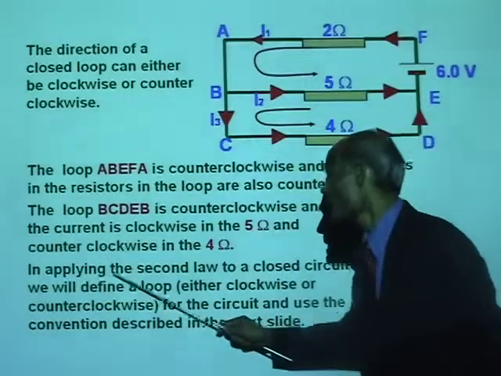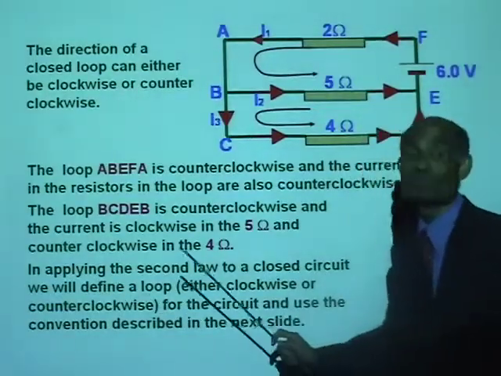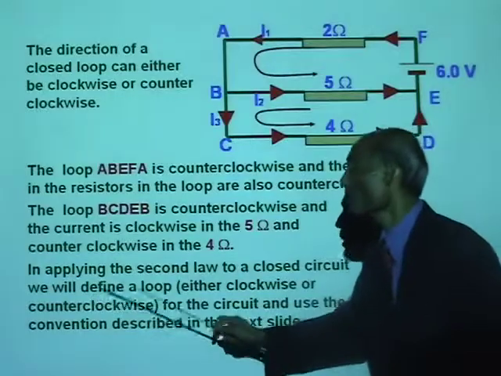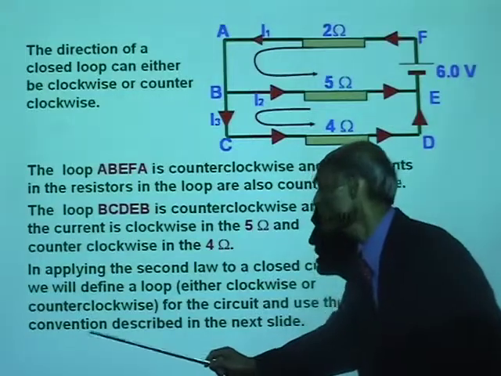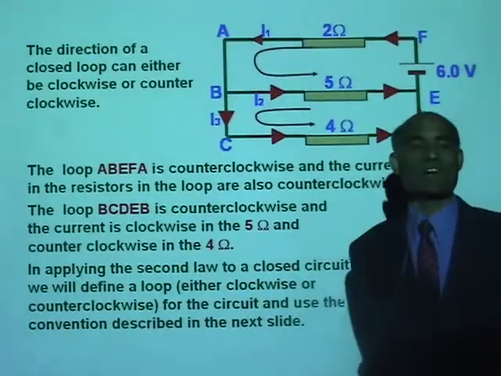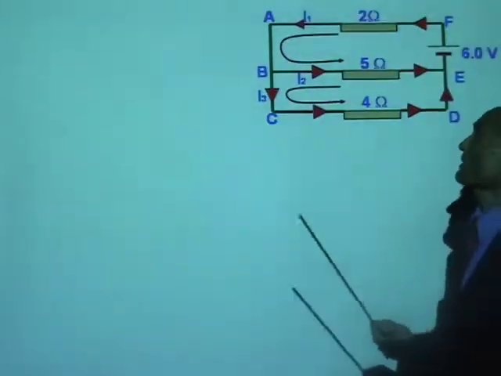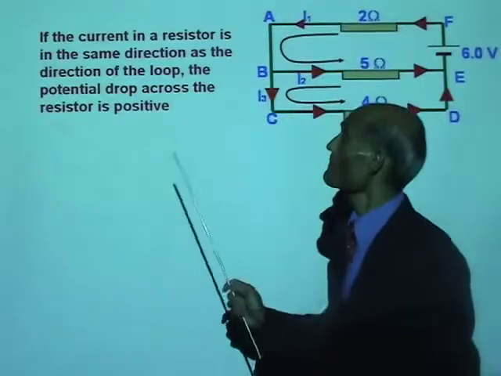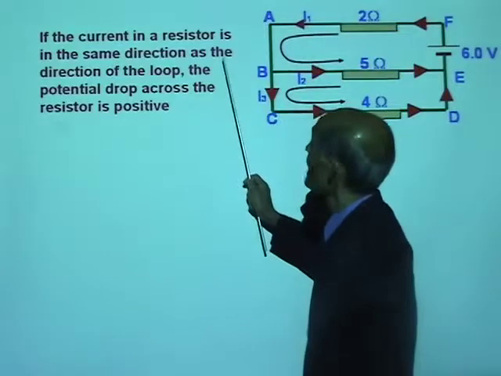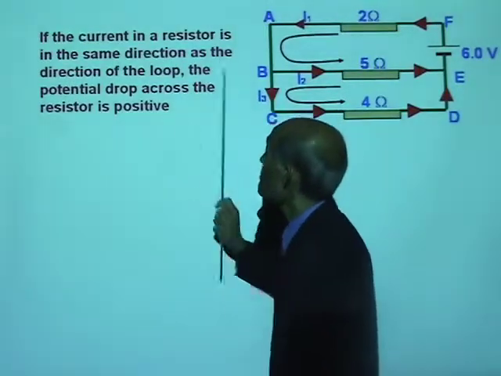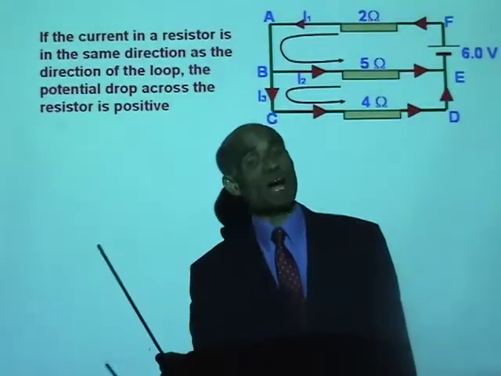Alright. In applying the second law to a closed circuit, we will define a loop, either clockwise or counterclockwise, for the circuit, and use the convention described in the next slide. I want you to watch that convention very carefully and understand it. If the current in a resistor is in the same direction as the direction of the loop, then the potential drop across the resistor is positive.